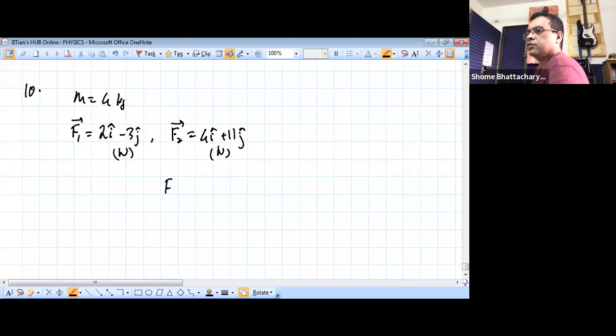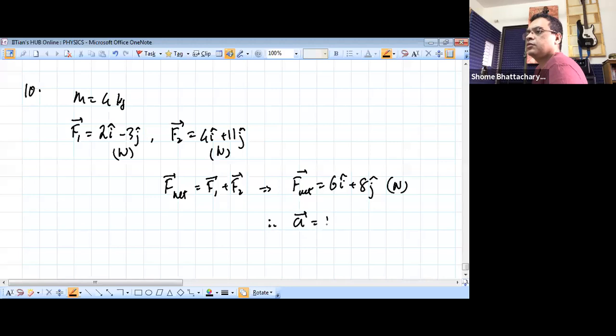So the net force you just find out by adding these two. So the net force is becoming 2 plus 4, so that's 6 i cap. Okay. And then minus 3 plus 11, so that is 8 j cap in newtons. So the acceleration of the body will become net force divided by mass. So that is 6 i cap plus 8 j cap divided by 4 in meters per second square.